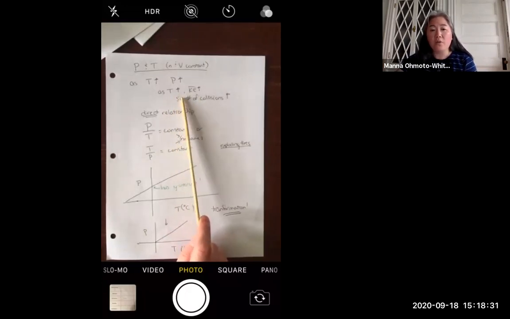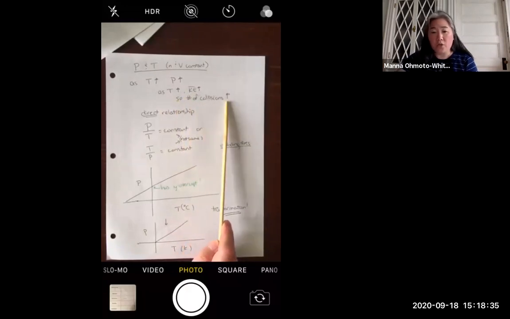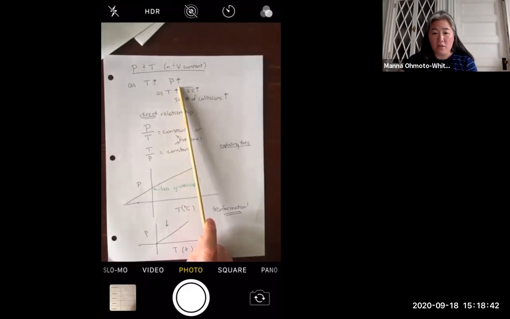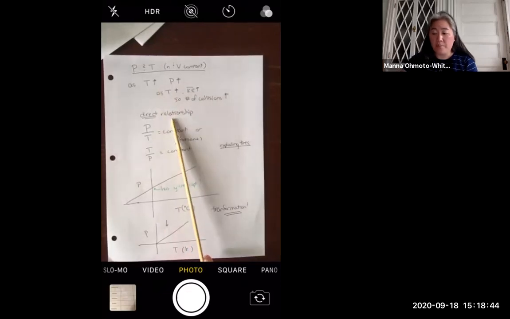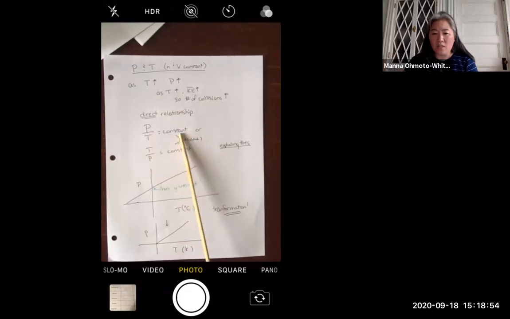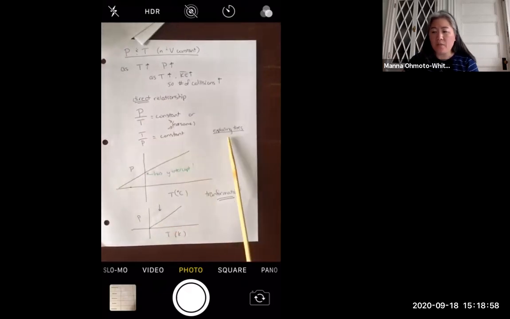So if the particles are moving around a lot faster, the number of collisions will also become higher, so the pressure increases. So as the temperature increases, my pressure increases. It's a direct relationship. So I can express that either as P over T is equal to a constant, or T over P is equal to a constant. And these are not the same, it's just a constant of the thing. So an example are exploding tires.